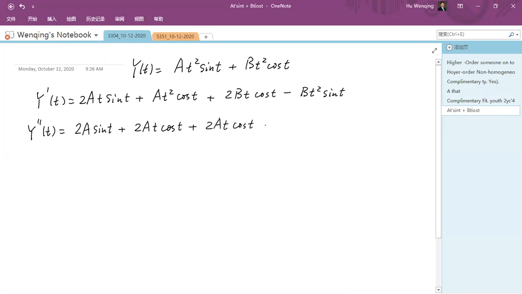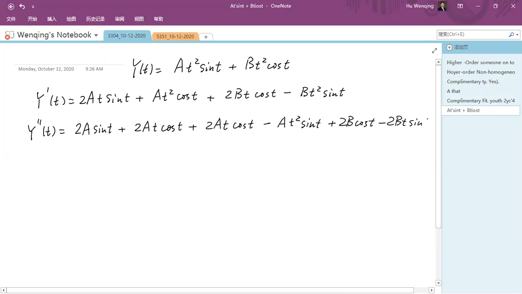This is one derivative, plus at squared times the derivative of cosine t, and that's a minus at squared sine t. Then you take the derivatives of the b terms. That's 2b cosine t minus 2bt sine t, and then minus 2bt sine t minus bt squared cosine t.